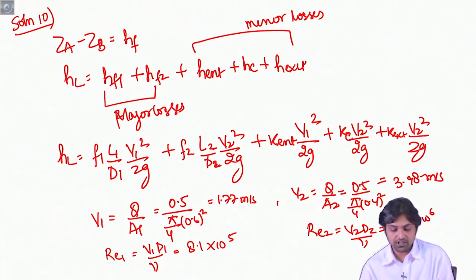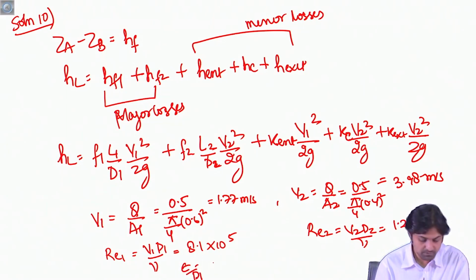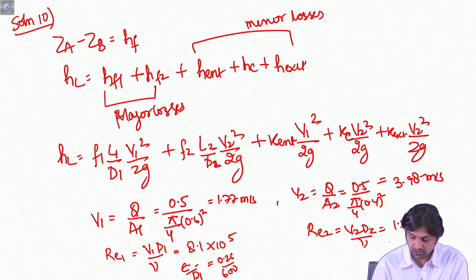Okay. So we have calculated RE1 and RE2. Here epsilon by D1 will be 0.26 divided by 600, and here epsilon by D2 is going to be 0.26 divided by 400.